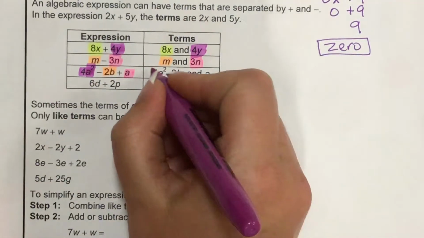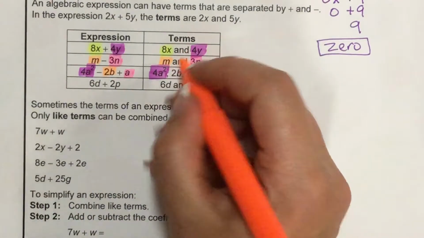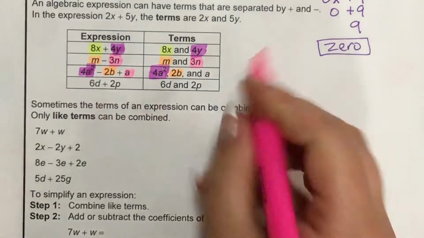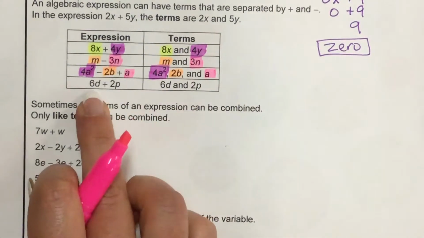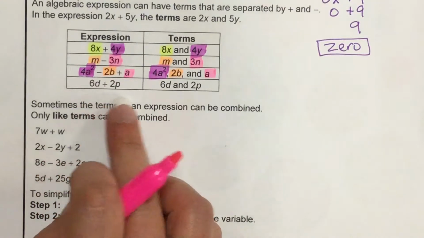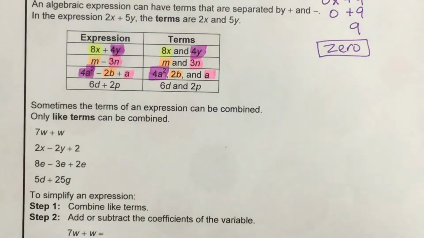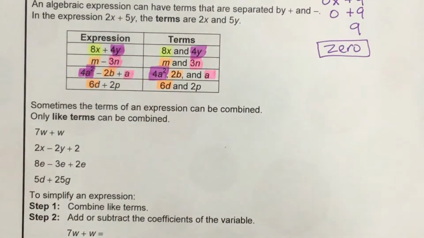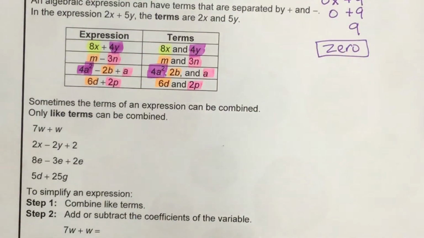So we have 4a squared, 2b, and a. Those would be the terms. Lastly, we have 6d plus 2p. So for this one, the terms would be 6d and 2p. Those would be the terms.